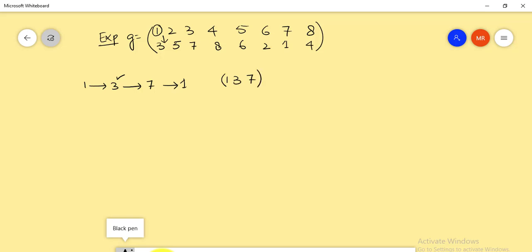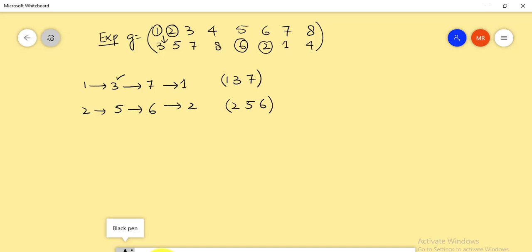Now we start with the symbol 2, which is mapped onto 5. Then the image of 5 is 6. Then the image of 6 is 2. Hence, in cycle form, this can be written as 2, 5, 6.